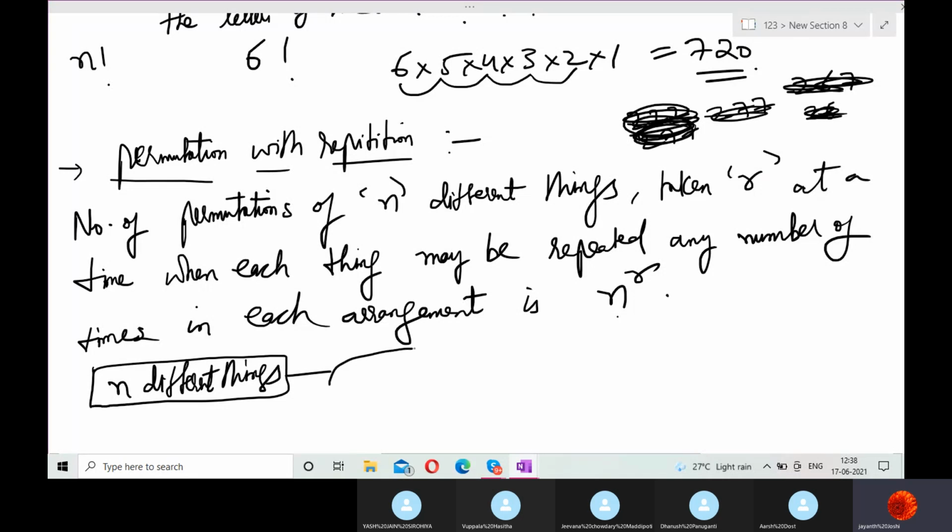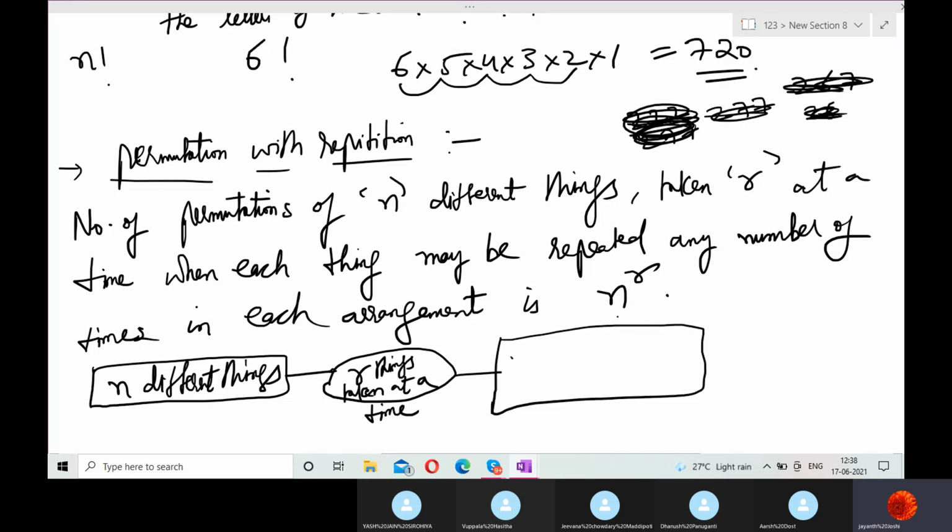Here we have n different things, and r things taken at a time, each of the n things may be repeated once, twice, up to r times.